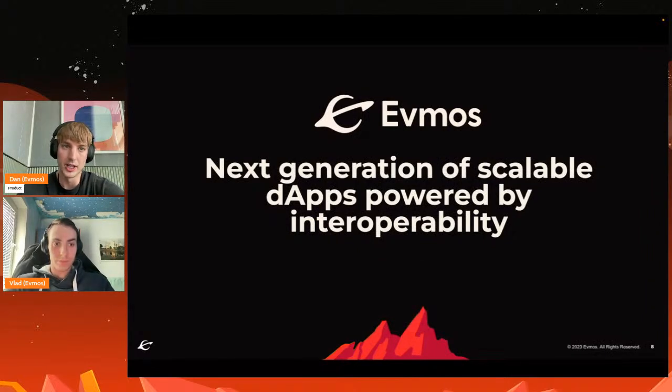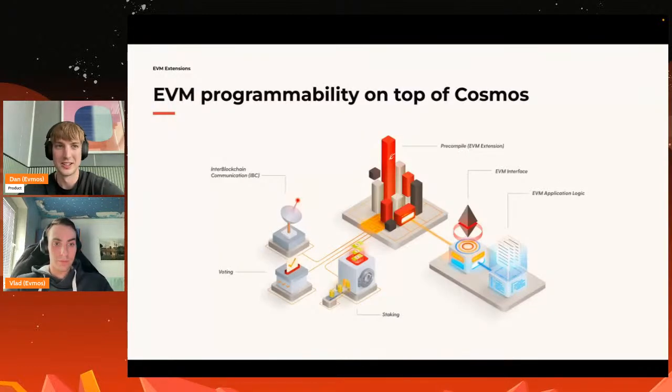So by having EVM extensions, we basically enable the next generation of scalable dApps powered by interoperability. And I'll explain what this actually means. So what you see here is an overview of how this functionality works.